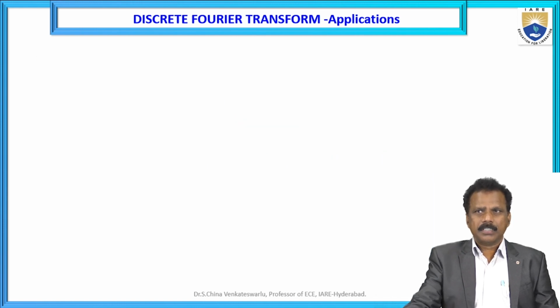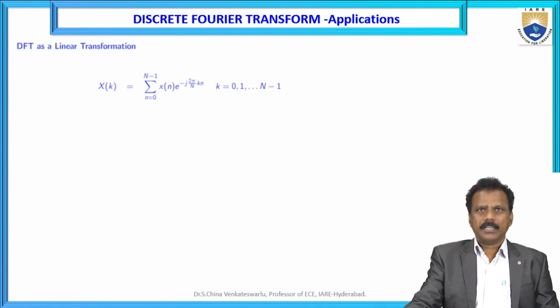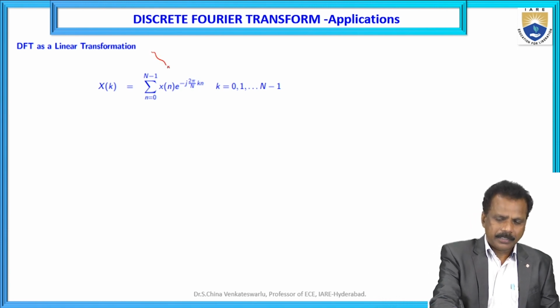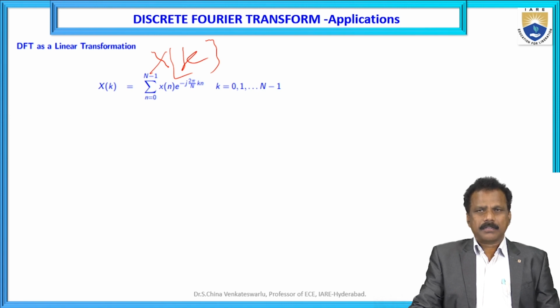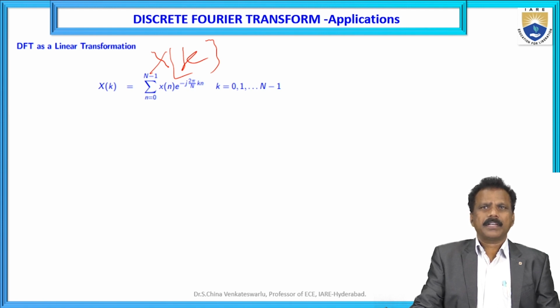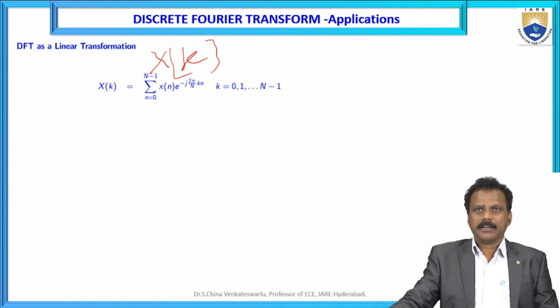With this, the DFT is a linear transformation. Why is it a linear transformation? The discrete Fourier transform is given by X of k, where X of k is equal to the summation from n equal to 0 to N minus 1 of x of n e power minus j 2 pi nk by N, where k is substituted as 0, 1, 2, 3 and so on up to N minus 1.